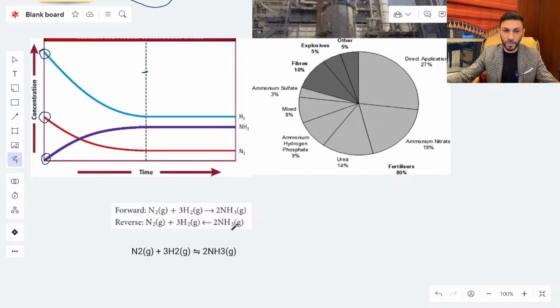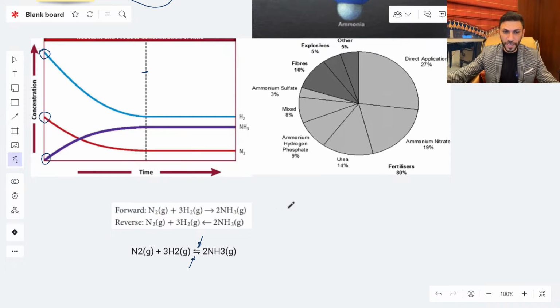At the same time, the ammonia is decomposing to give you the hydrogen and the nitrogen. To write this chemical reaction, which is a reversible reaction, we use the 2 arrows, as you can see. The first arrow, from the reactants to the products, we call it the forward reaction.